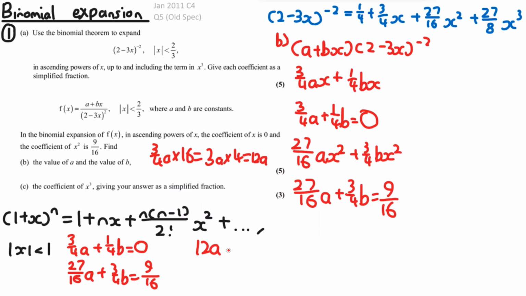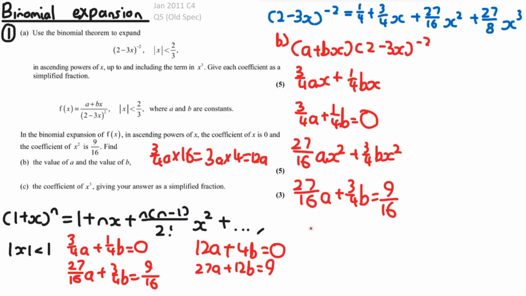So it's going to be 12a plus 1 over 4b times 16, which is going to be 4b, and this is equal to 0. Then the other simultaneous equation is going to be 27a plus 3 over 4 times 16, which is 12b, and this is equal to 9. And what we're going to do is times this one up here by 3, so we get 12b present in both of the simultaneous equations.